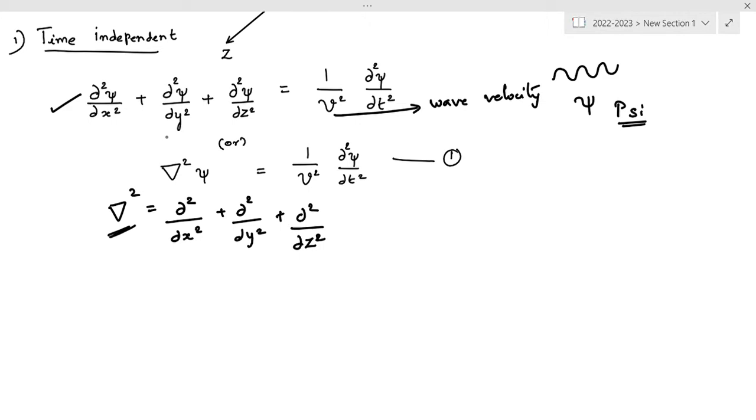The solution of equation 1 is psi is equal to psi naught e power minus i omega t.